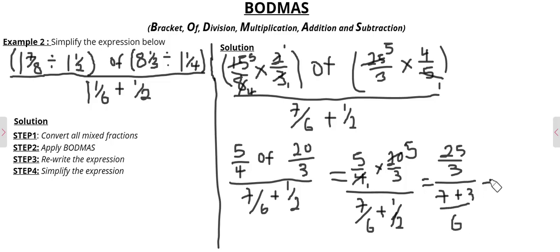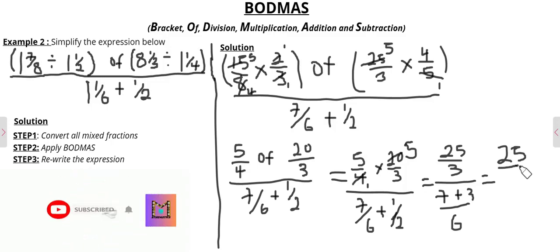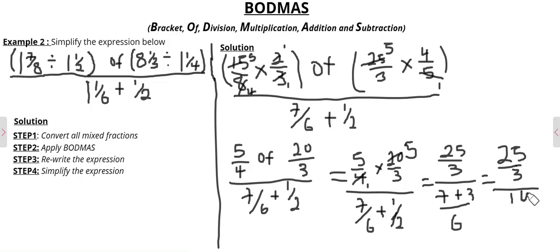So let's continue. So we have 25 all over 3 all over 7 plus 3 is going to give us 10 all over 6. So I'll wipe this top part of my board so that we can continue.